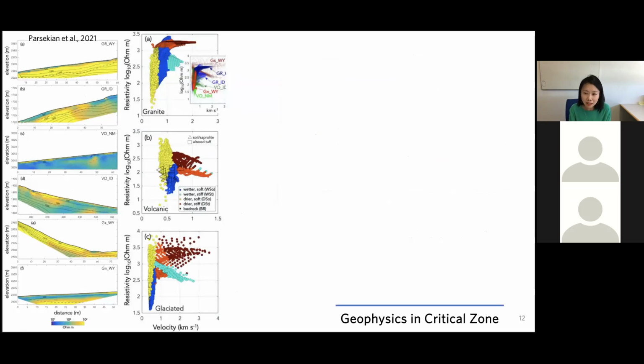So they categorize these different materials into different phases with relative stiffness and wetness. They have glacier deposits, granite, and also volcanic rocks. And on the right, this cross plot indicates the hydrofacies classification. Such categorization and classification would be very important for further hydrological modeling.